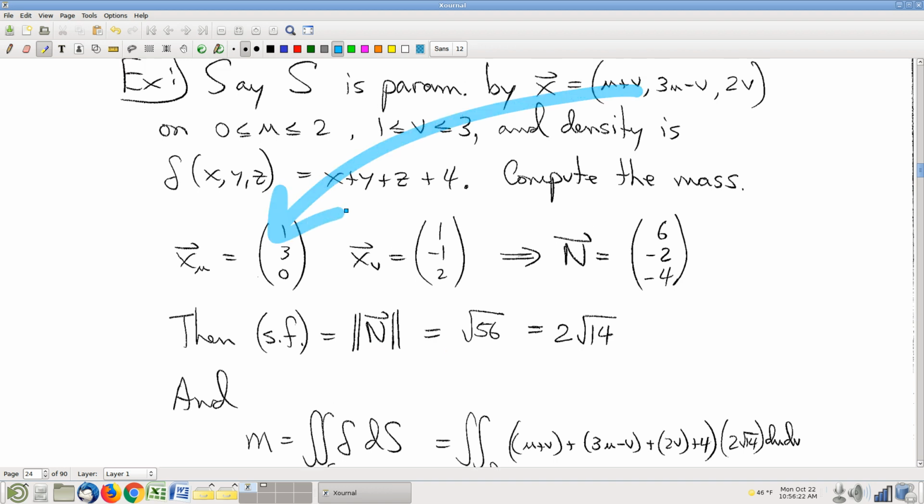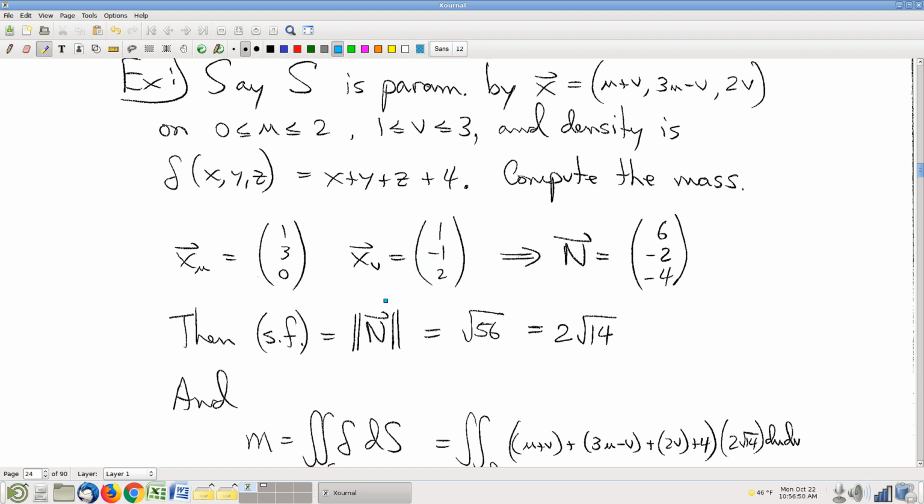Partials with respect to u, partials with respect to v. No tricky curves there, just partial derivatives. Everybody good? Cross product, chapter 12, old news. A little bit of arithmetic, but not that bad. Computing the magnitude, well, again, that's chapter 12, that's ancient history. So just some tedium.